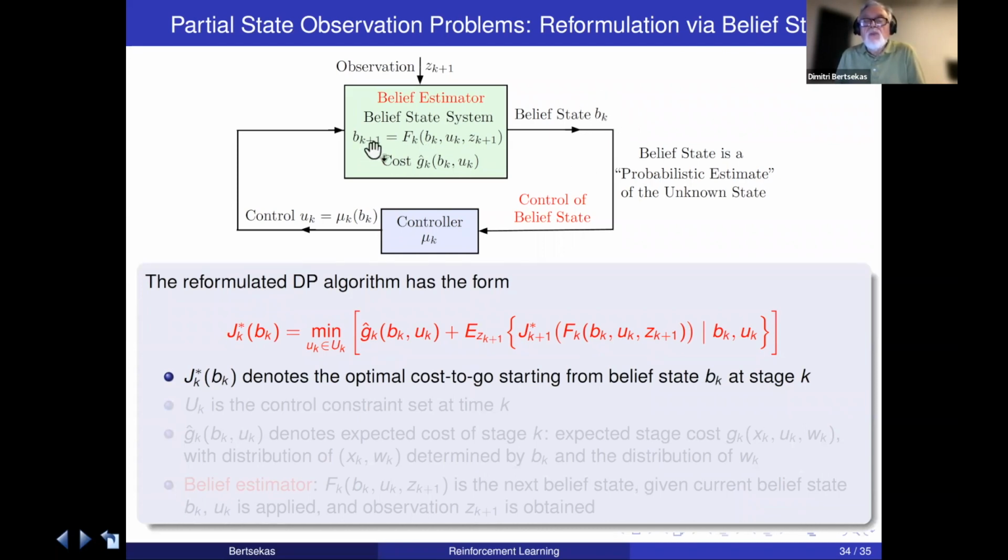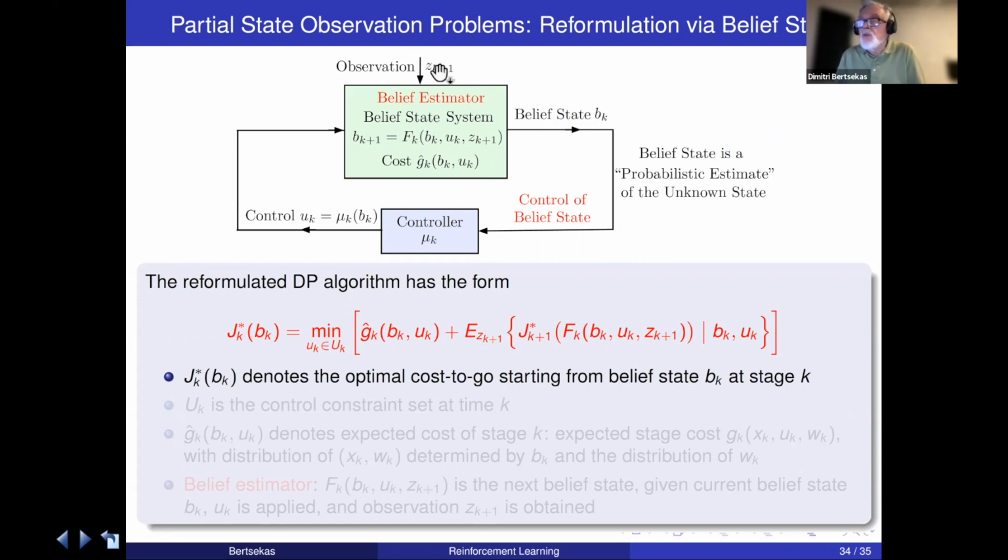You have to think of a belief state system whereby the belief is updated in response to controls applied and also observations that you obtain from the environment. All of these, of course, are probabilistically tied, and the observation is a stochastic variable that depends on the state and the control, and by extension on the belief state.